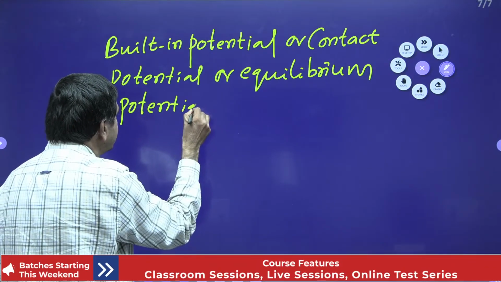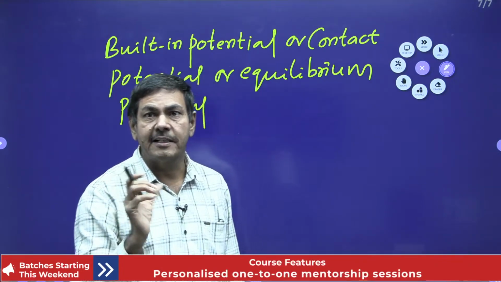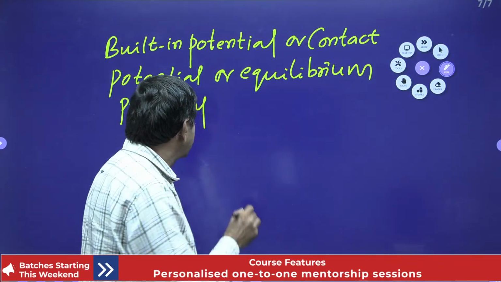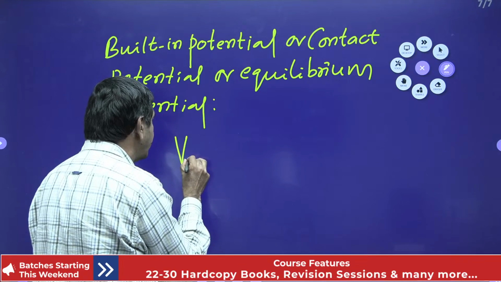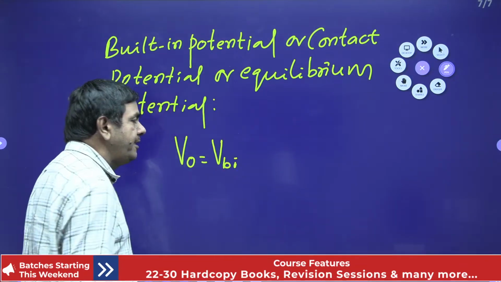The potential which is forming in the depletion layer is said to be the built-in potential. It is denoted by the symbol V0. In certain textbooks they will write VBI or V0.